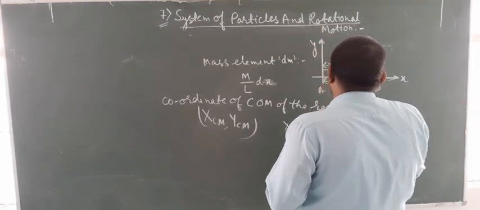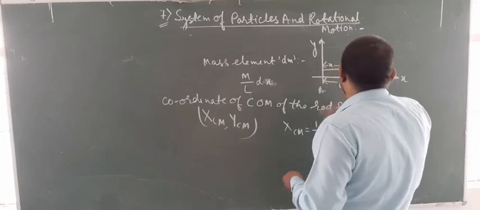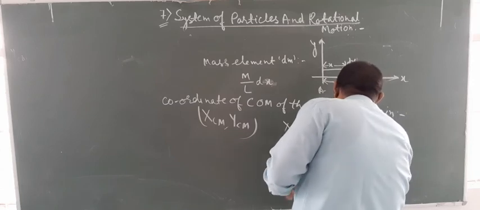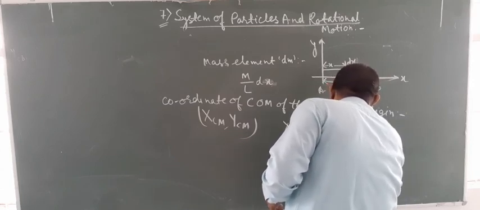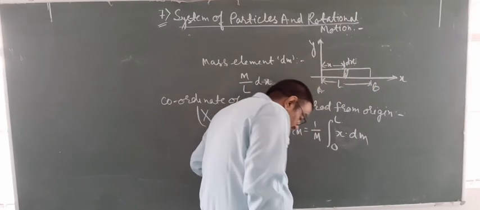This is the x coordinate where dm is situated, so it is x into dm.